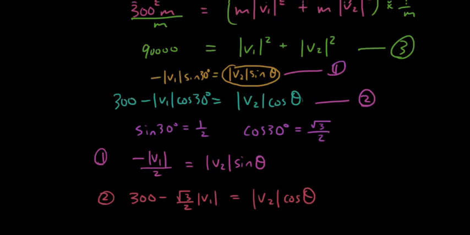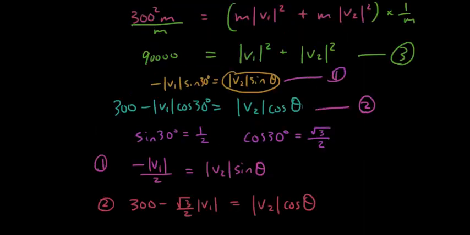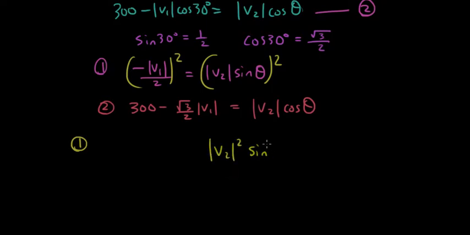Okay, now what I'm going to do is something that's going to help me solve these equations. I'm going to square both sides of equation 1. That's going to give me the new equation 1: v2 squared sine square theta.